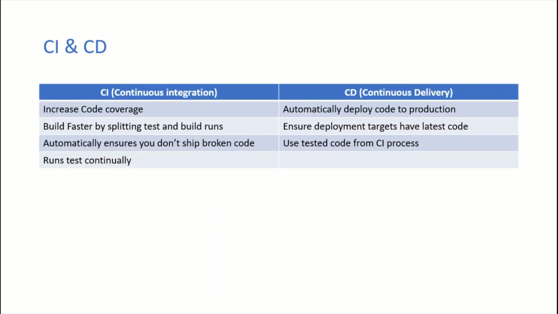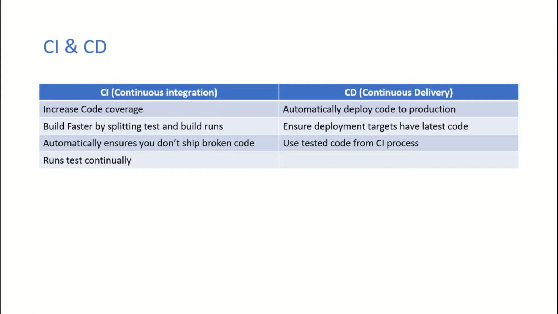Here is a small comparison between the CI and CD processes. CI increases the code coverage, while CD automatically deploys code in production. CI builds faster by splitting test and build runs. CI checks whether there are any errors in the code before deploying it into the environments.